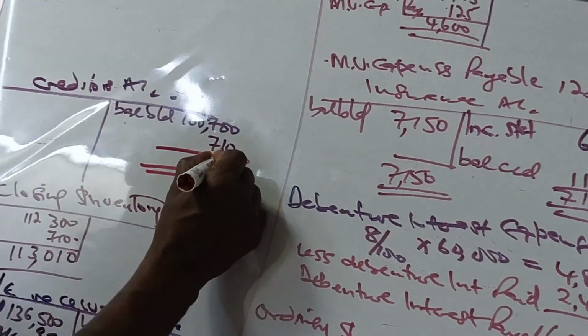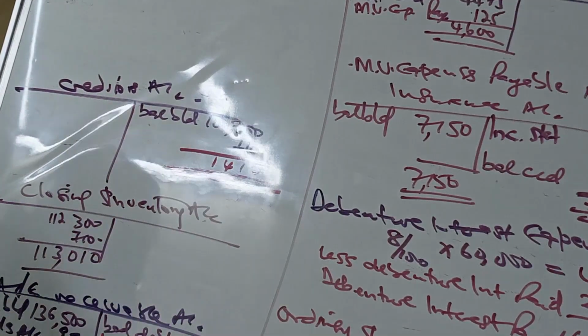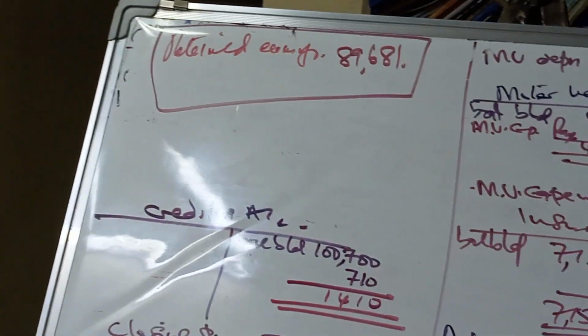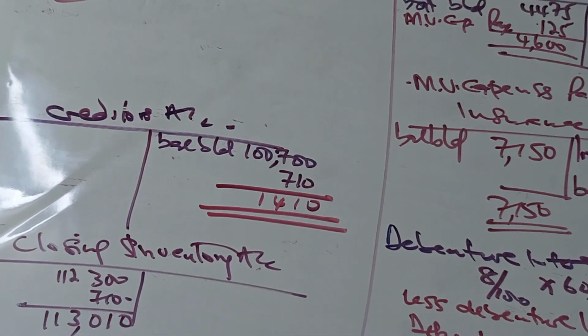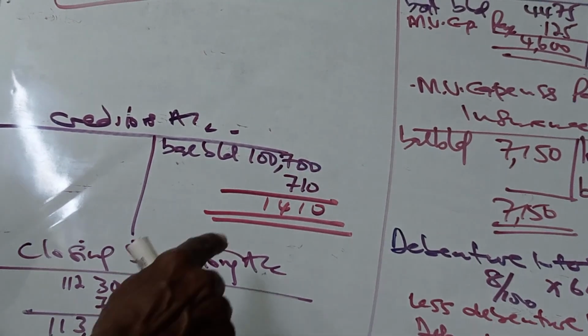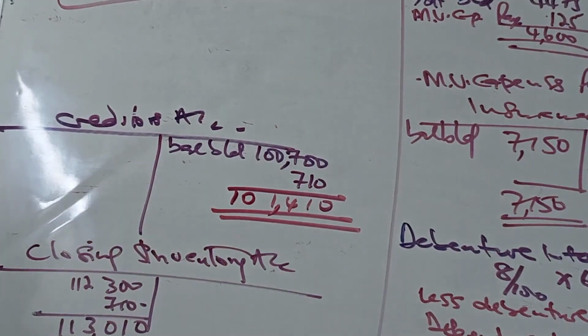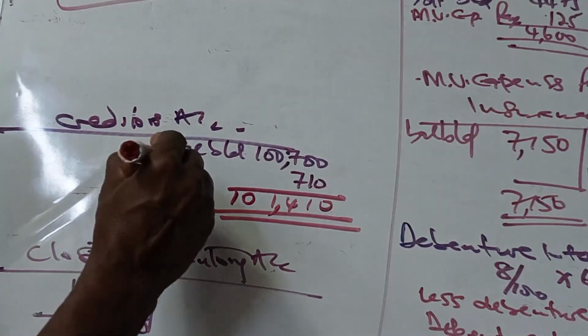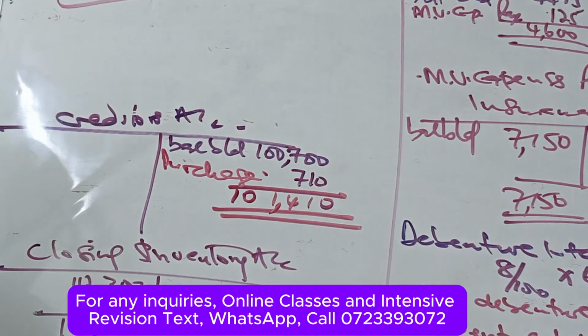Our trade payables here are 100,700 plus 710. You get a figure of 101,410, because there was a credit purchase which had not been recorded.